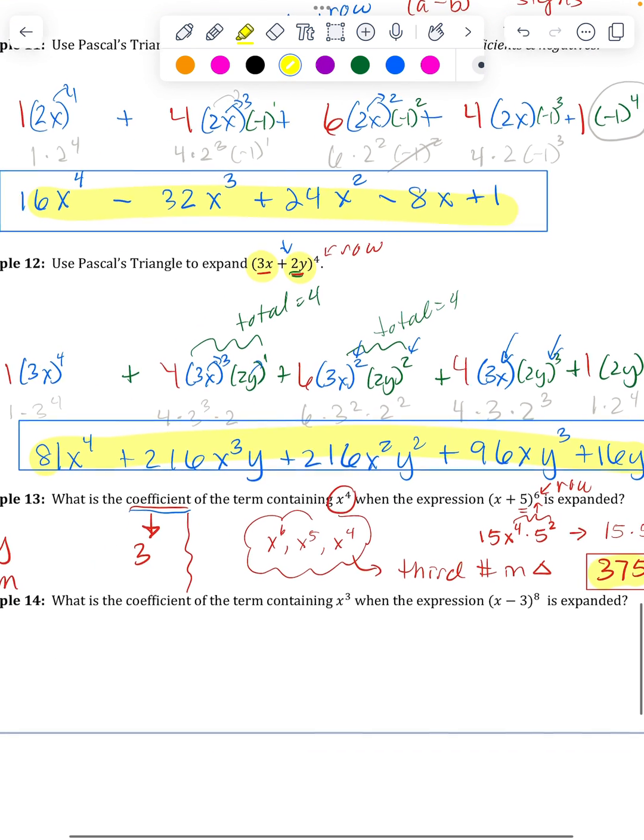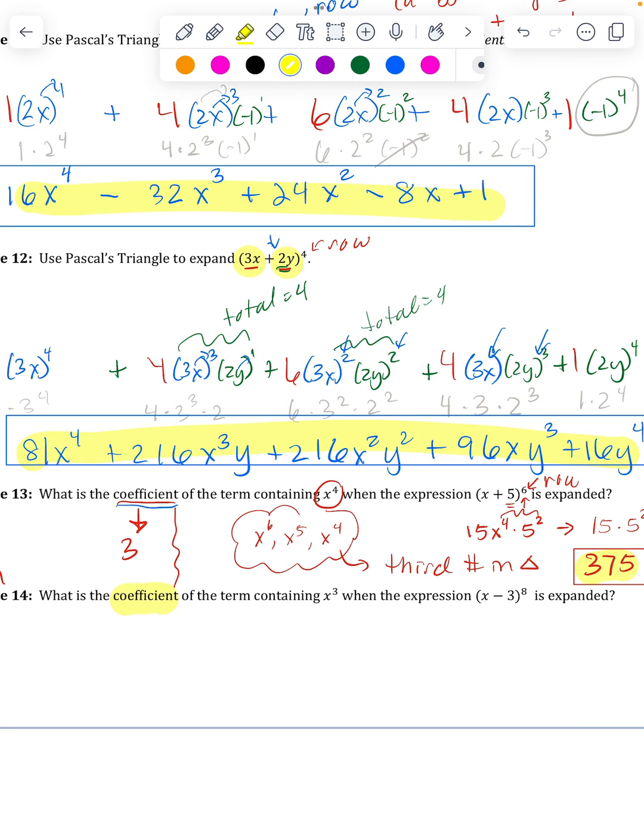Okay, last one. What is the coefficient, not the term, the coefficient of the term containing x to the 3 for this guy? Okay, this requires row 8, so we did add that onto our triangle earlier, so that's going to be helpful. But this one's kind of a journey, and we've got to be careful. This guy has a negative, so we'll have to figure out if the term we are on is positive or negative.